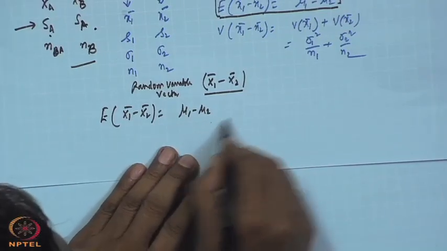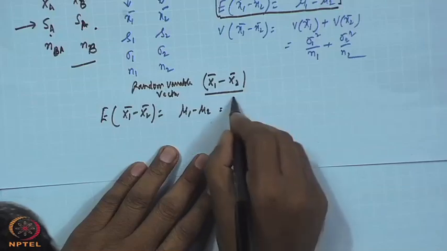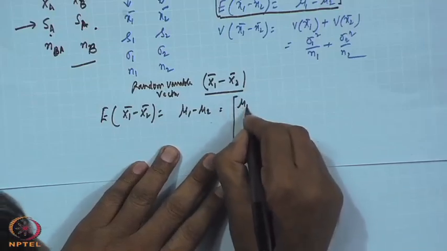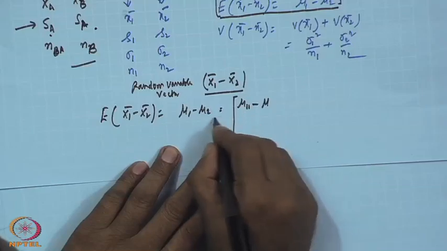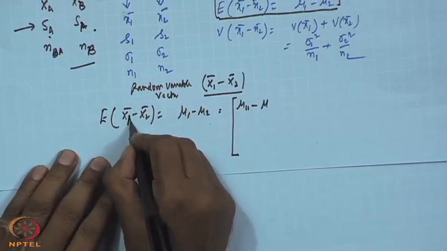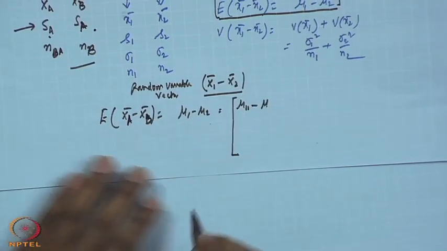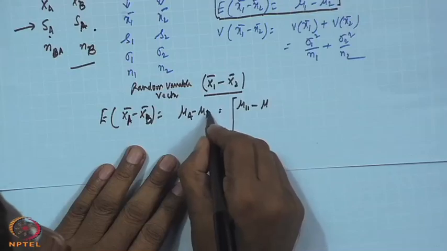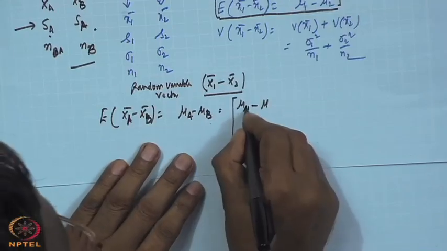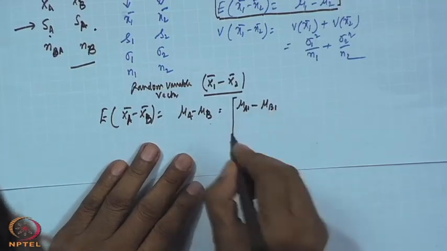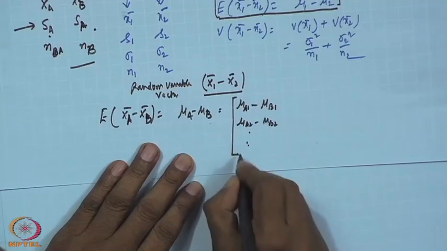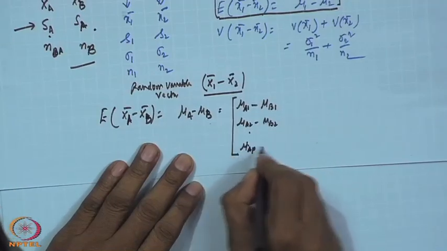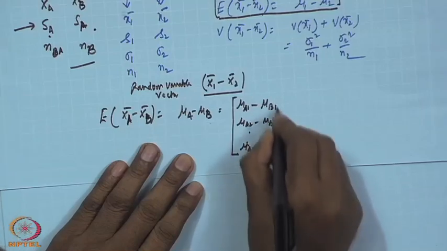So this will be a quantity like this: mu a1 minus mu b1, mu a2 minus mu b2, like this, up to mu ap minus mu bp.